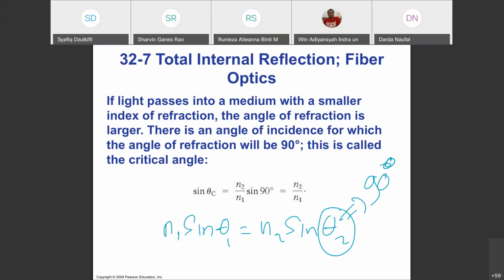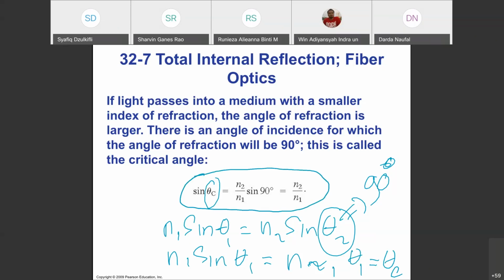Sine 90 is 1. So this will be equal to n2. In the case where theta 2 is 90, we call theta 1 the critical angle, c. So the critical angle is what causes the refraction angle to be 90. So this is the formula for total internal reflection.